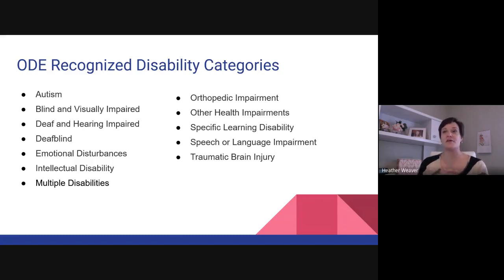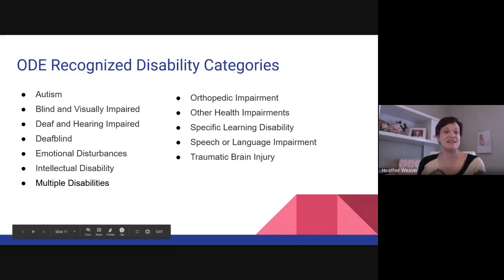For example, if a parent feels like a student is struggling in reading or math, and that student has never worked with his teachers on a one-on-one basis in Google Meet, we might need to take a little bit of time for that student to receive some general education interventions, because for a specific learning disability suspicion, we have to have provided general education interventions and see that those are not sufficient for a student. So, there are a lot of different components that play into this.